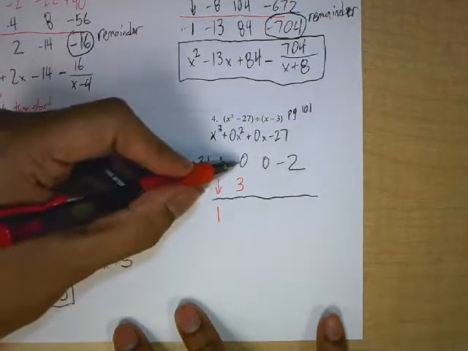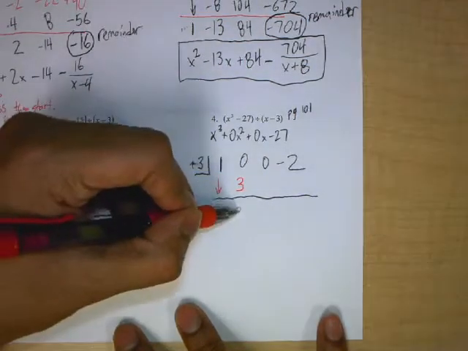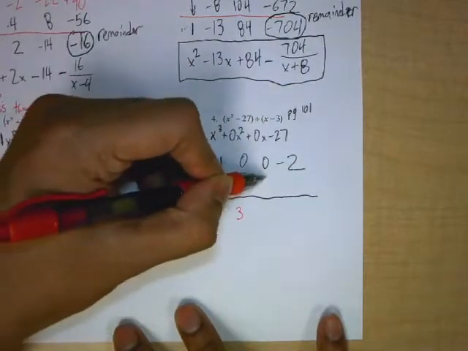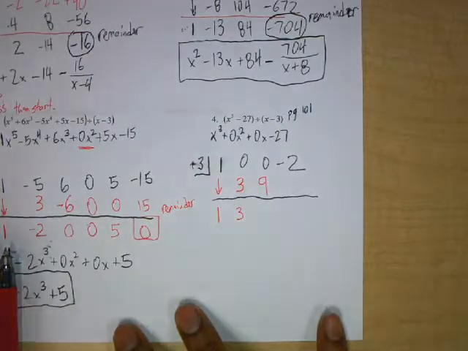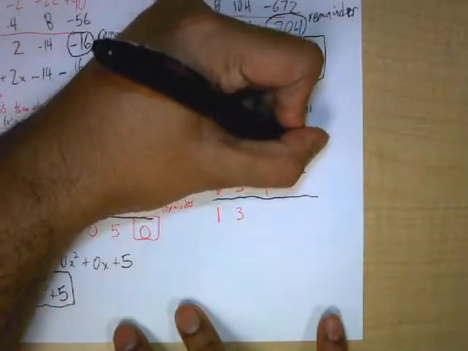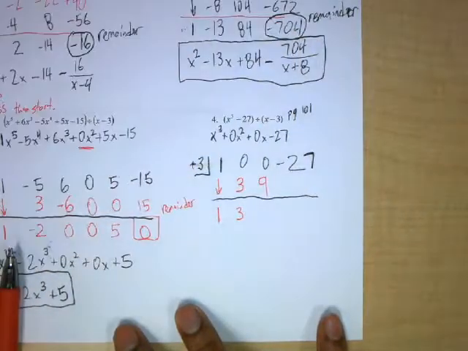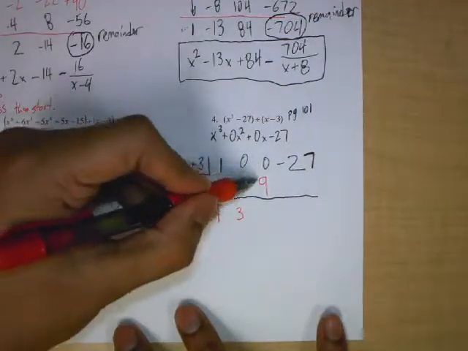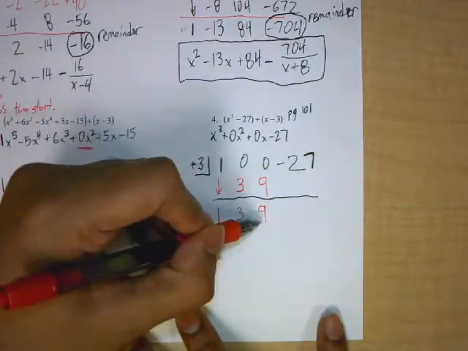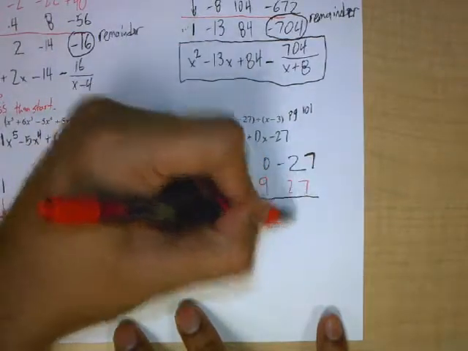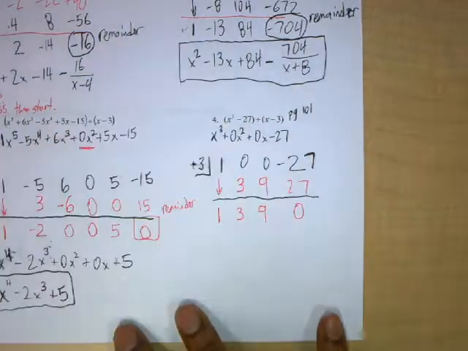Let's add 0 plus 3 is 3. 3 times 3 is 9. I'm obviously forgetting to write out the full coefficient. It's supposed to be 27. And 0 plus 9 is 9. 3 times 9 is 27, and that's going to add up to 0.